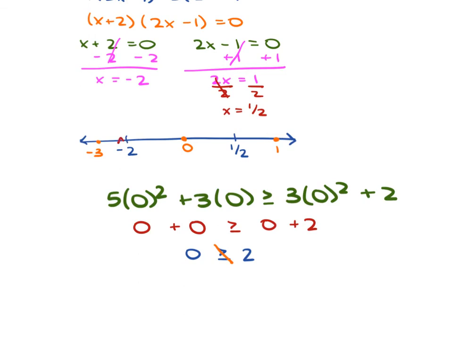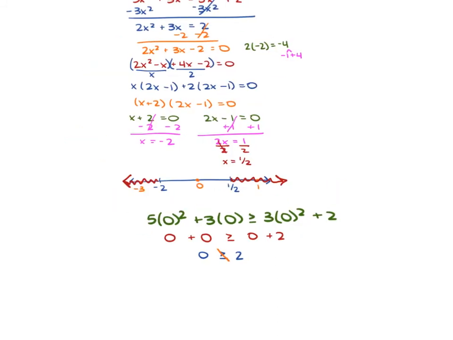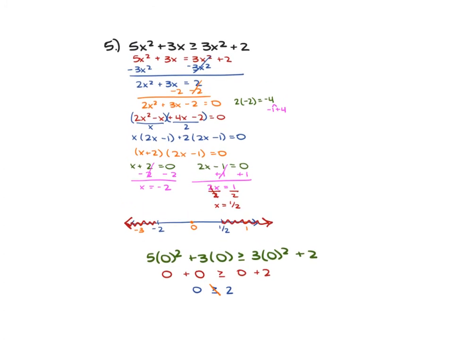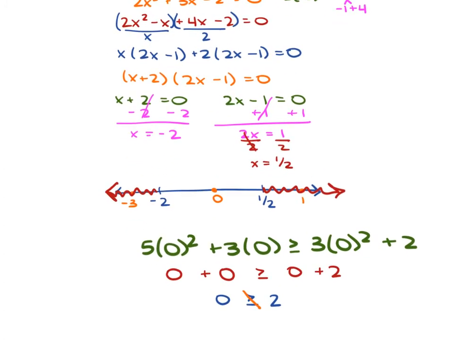It would just be the part to the left and the part to the right of those two numbers that are our key numbers on the number line. You're working with a greater than or equal sign, so these are giving you closed circles on both of these numbers.